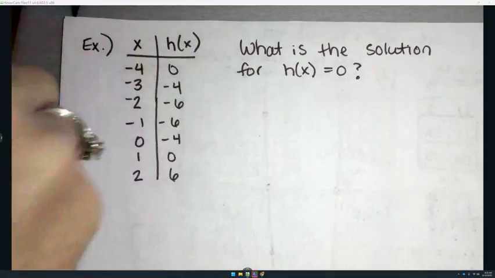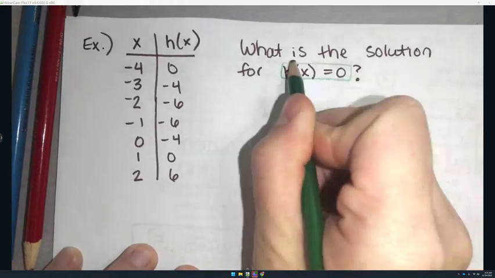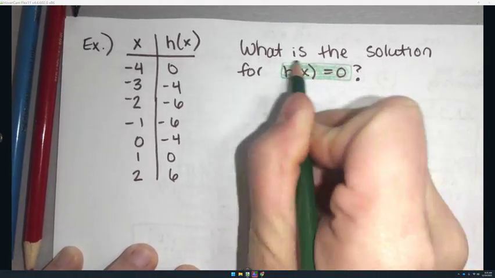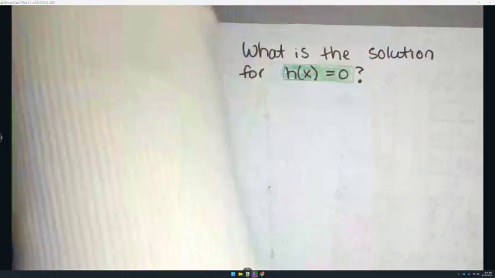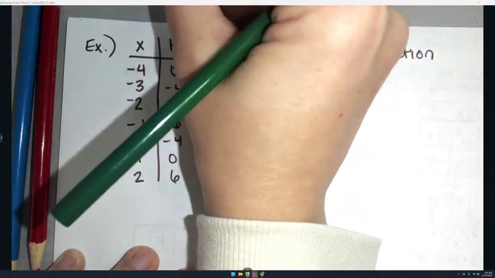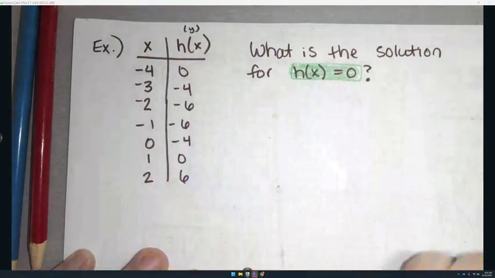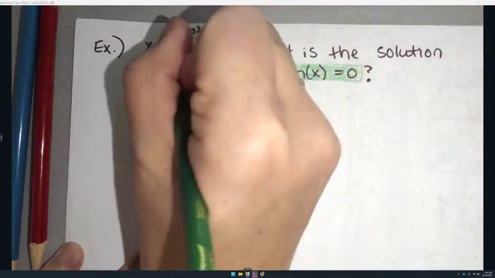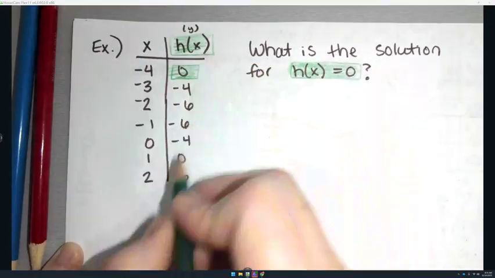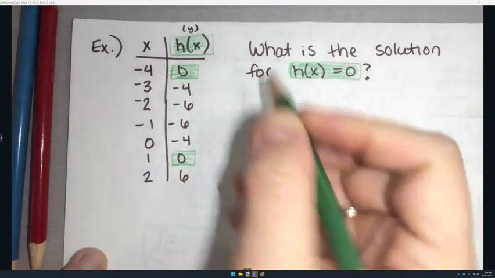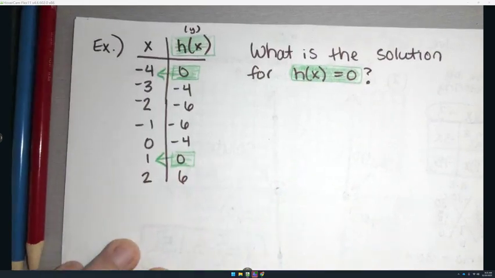What do you think we're looking for? Where is h of x? Is that your x or your y? Right here. Is that in your x or your y spot? So this here is the same thing as your y. Is h of x your x or your y? That's your y. So it's asking, where is h of x 0? And you're going to give me the solutions.